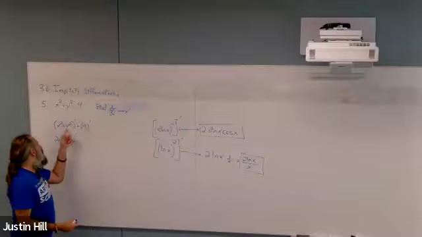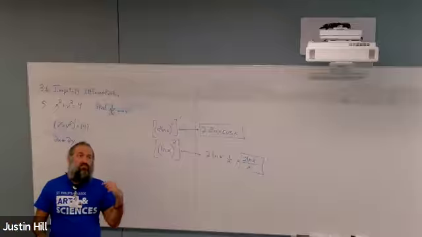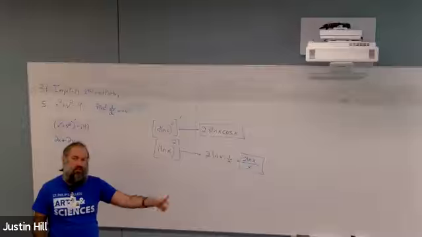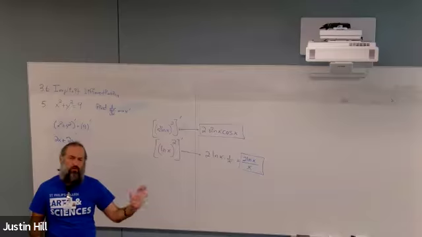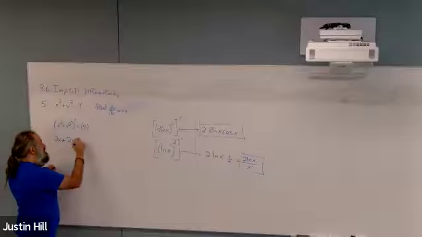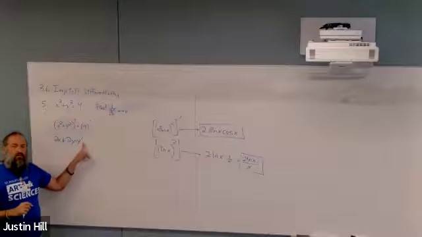But here we don't know what y is. Even though I don't know what y is, I can still say its derivative. I may not be able to tell you in detail what it is. I may not be able to say it's sine of x or 1 over x or whatever. But I still can say y prime.